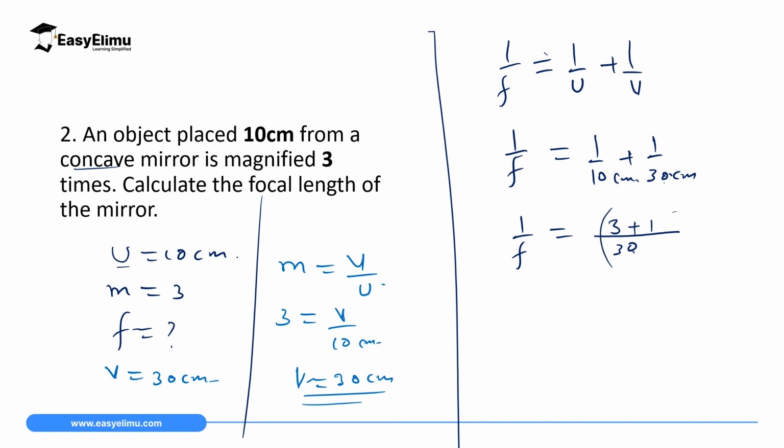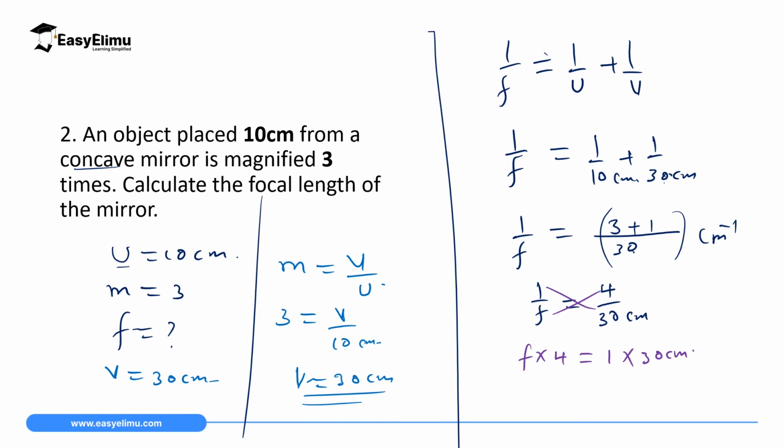Then this one, what we are going to get is per centimeter, which if we solve, it will be 1 over F is equals to 4 divided by 30 centimeter down here. So in this case, if we want to solve this, we can cross multiply. Then it's going to be F times 4 is equals to 1 times 30 centimeter.